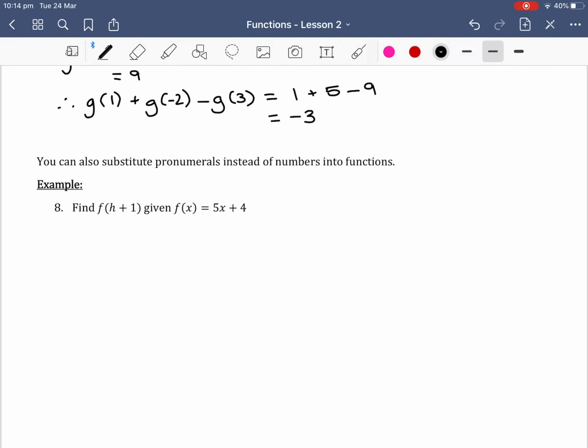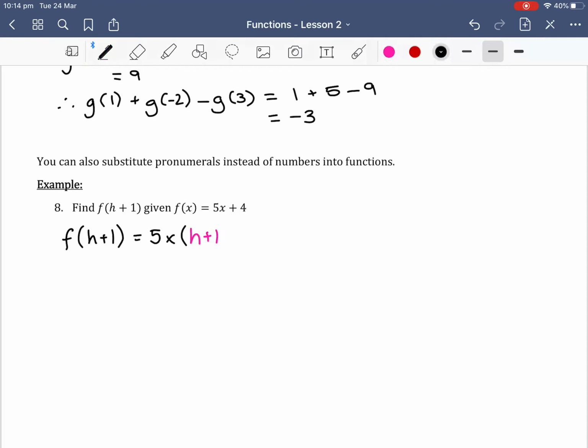So we can also substitute polynomials instead of numbers into our functions. So we want to find the function f of h plus 1, given that our function f of x equals 5x plus 4. So wherever we have an x, we're going to put an h plus 1.